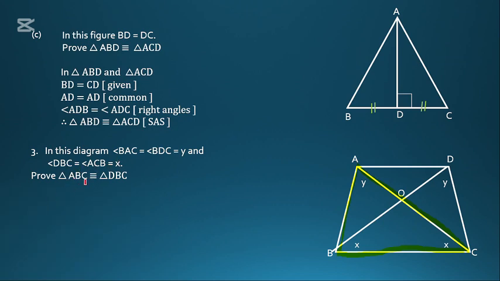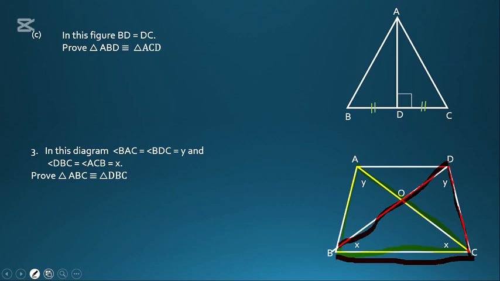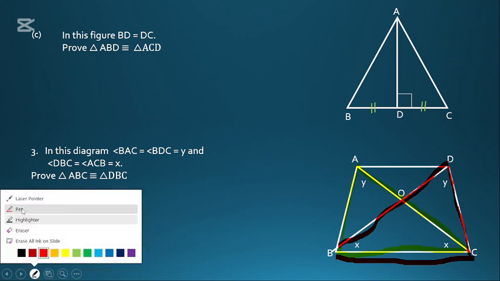Prove that ABC is congruent to DBC. So DBC will be this one here. It's going to be quite a bit difficult to color it in, but I'll try. D, this one, and we'll put a line over here. So we have two triangles there, a red one and a yellow one.